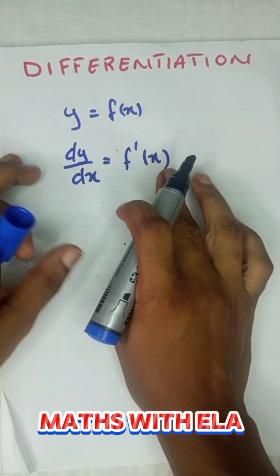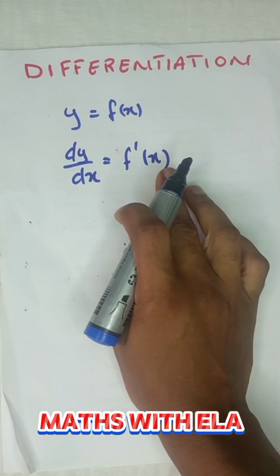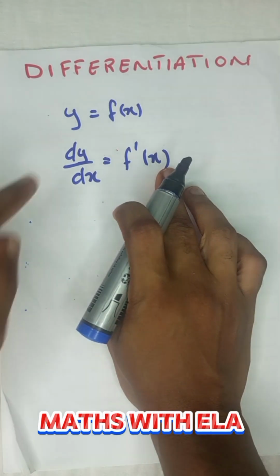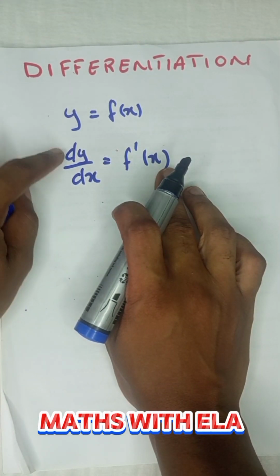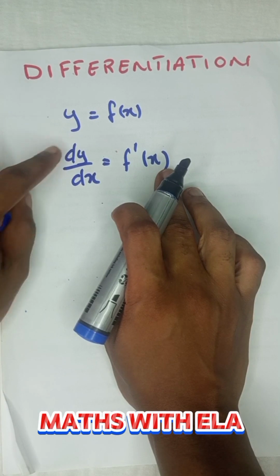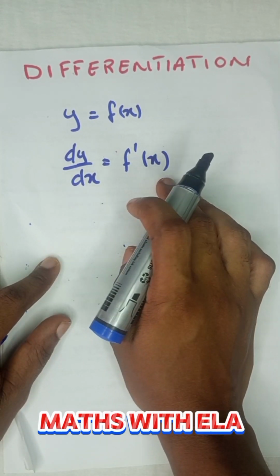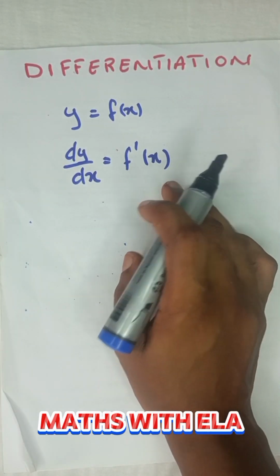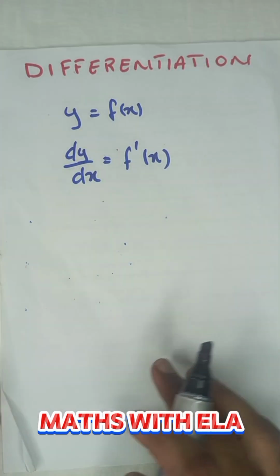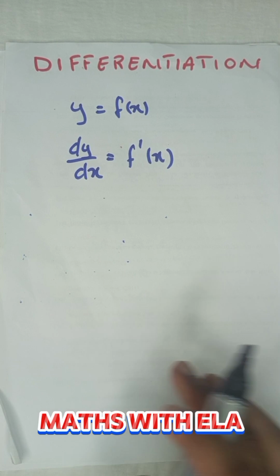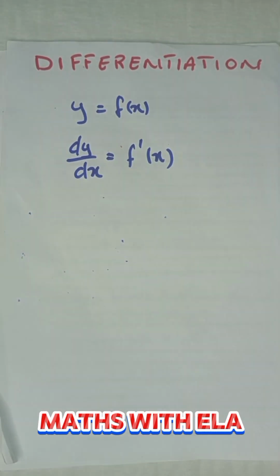So these are two different notations that mean the same thing, differentiation. dy by dx is the change of y with respect to x, and it could be written as just f prime of x, that is how y changes with respect to x. So that is just the little introduction we have about differentiation.